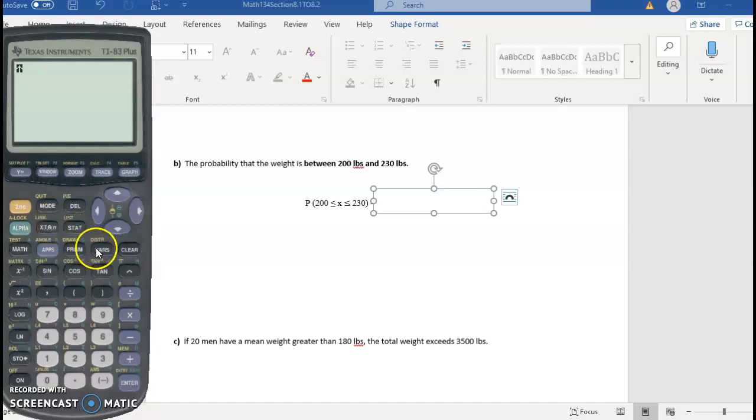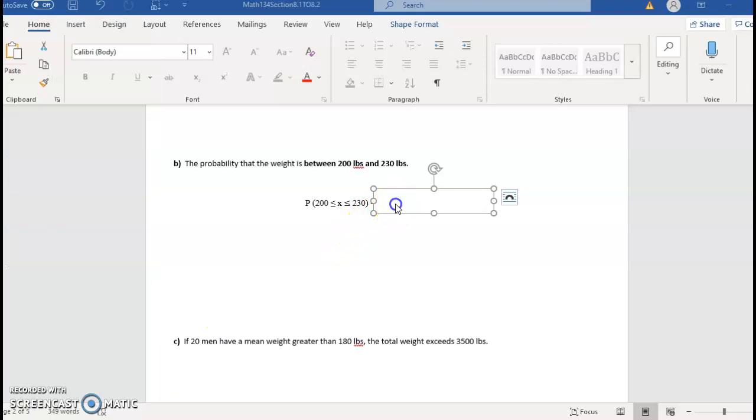We're running the normal CDF again, except that your parameters are going to be 200 for the lower bound, then 230 for the upper bound, with 172, and the problem gives 29 as the standard deviation. Please take a second and run it and see if you're matching.